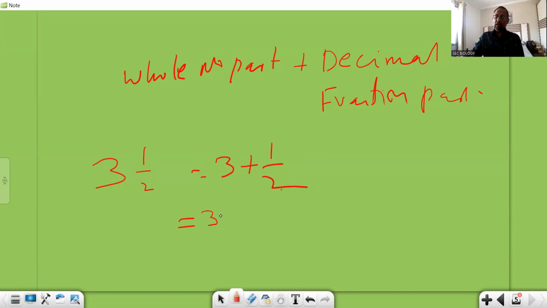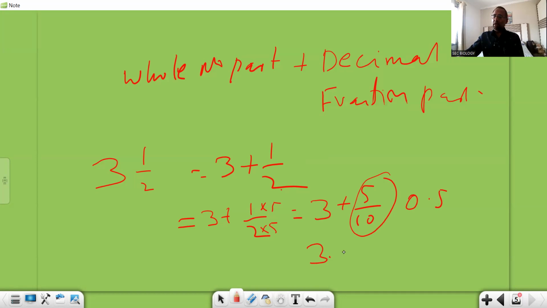We know that half is equal to, as we studied now, 5 by 10. That means 3 plus 5 by 10. What is 5 by 10? 0.5. That means this is 3 plus 0.5, that is 3.5. It is exactly correct.